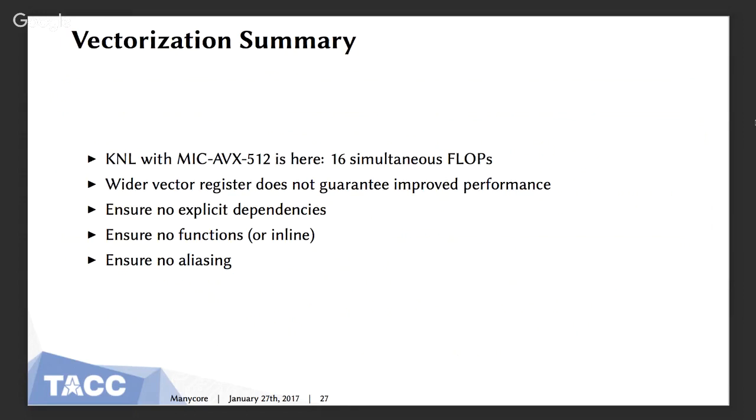You need to make sure that your code's vectorizing, and we'll talk about how you do that later on and in the labs. In order to get vectorization, you want to ensure there are no explicit dependencies. Make sure there's no functions. That's a pretty easy one, right? We can all do that. And then ensure that there's no aliasing occurring.